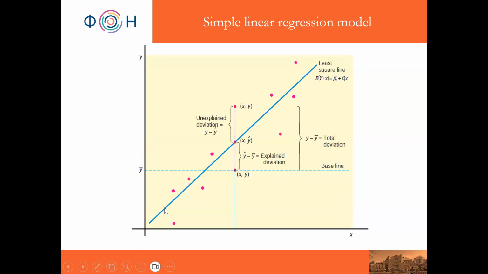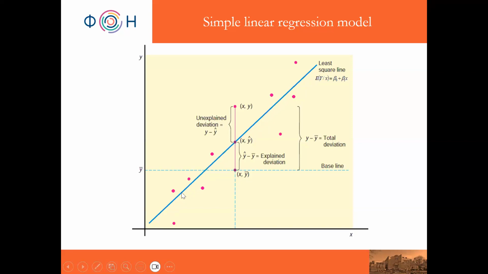We want to draw a line between all these pink dots so that the difference between the dots and the line is as small as possible. We want to draw a line so that all these dots are as close as possible to our blue line. Our blue line is in fact our estimated model.